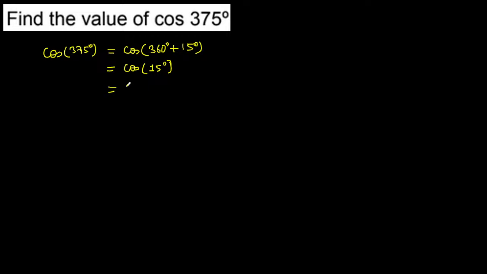Can we further say that it is nothing but cos(45 degree minus 30 degree)? So we got it in the form of a minus b. Can we say it is cos a cos b plus sin a sin b?